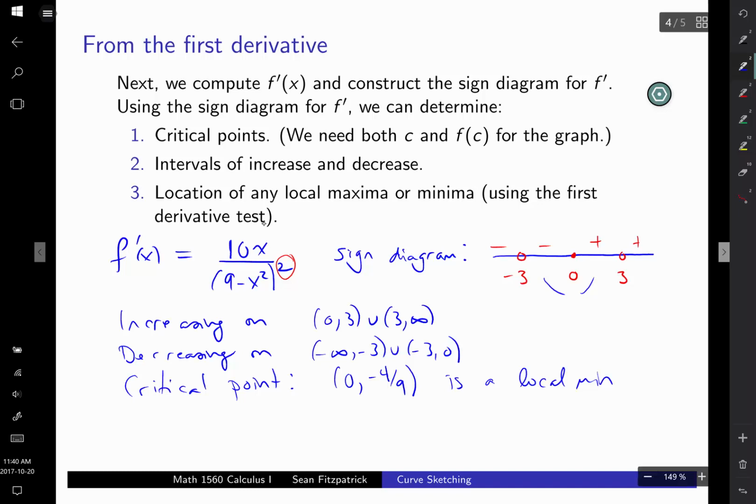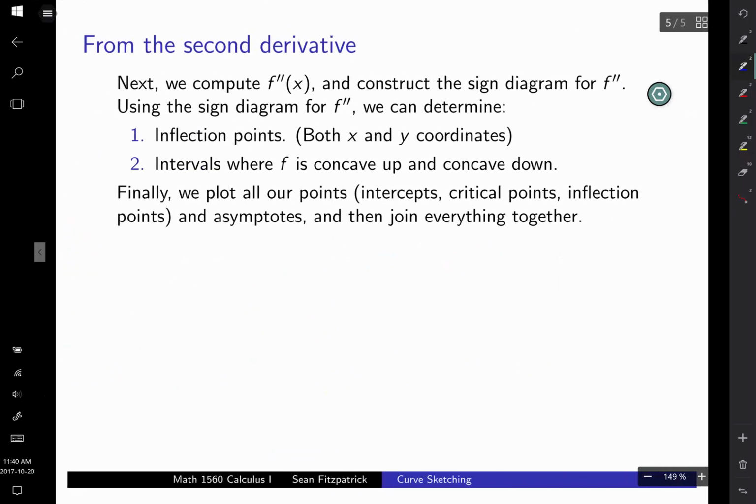Now we want to go on and we want to look at the second derivative. So for the second derivative, we calculate f double prime, and again I'll leave you to fill in the details here. You can confirm that with a bit of work what you get is 3 plus x squared times 30 over 9 minus x squared, and this time the denominator is cubed.